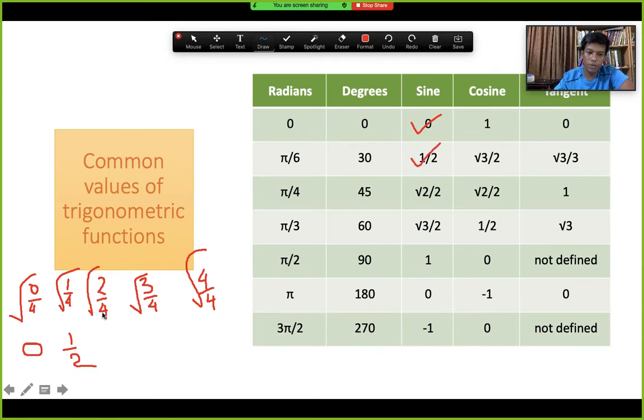Then 1 by 2 by, so this and this cancel out, so this is 1 divided by root 2, and as you know, if we rationalize this, then it will become root 2 by 2. Okay, then root 4 means 2, and this is root 3, so root 3 by 2, and this 4 cancels out, so basically it is 1. That's why it is 1.